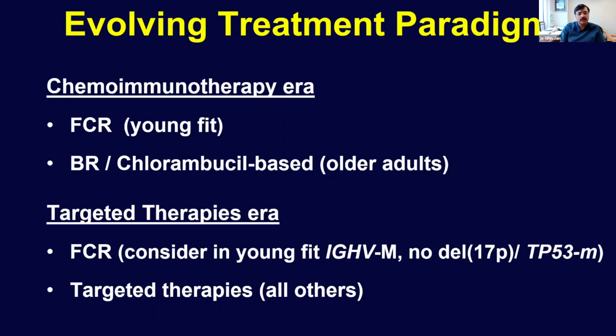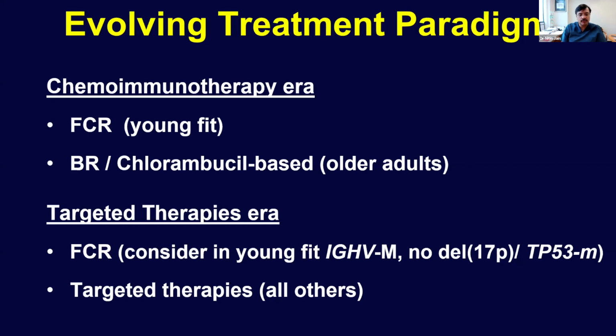And if you're talking about the patients with CLL, in the frontline setting, we have moved away from the chemoimmunotherapy era, which was the use of FCR for young fit patients, or bendamustine rituximab or chlorambucil for older adults, to the targeted therapy era, where we're considering FCR really for only a specific group of patients, which is the young fit mutated IGHV patients without any deletion 17p53.